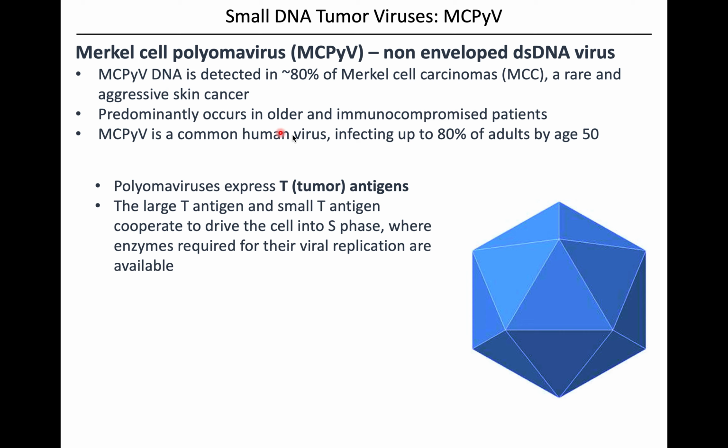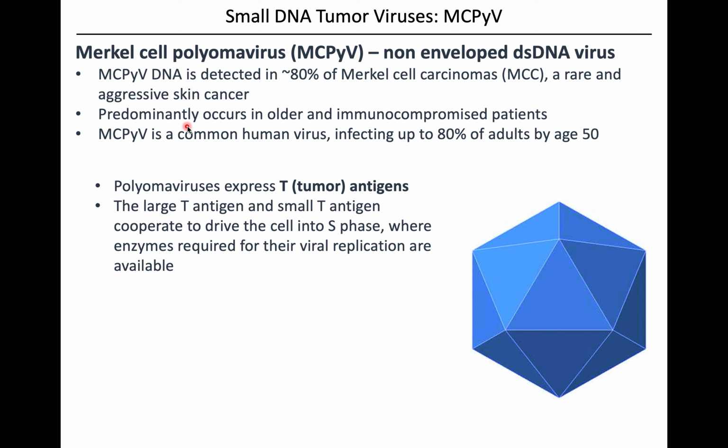And really, we tend to only see this cancer developing in people that are either very old and/or immunocompromised. So if the immune system is not functioning at capacity, it seems the increased viral load is able to kind of tip the scales in favor of cancer.